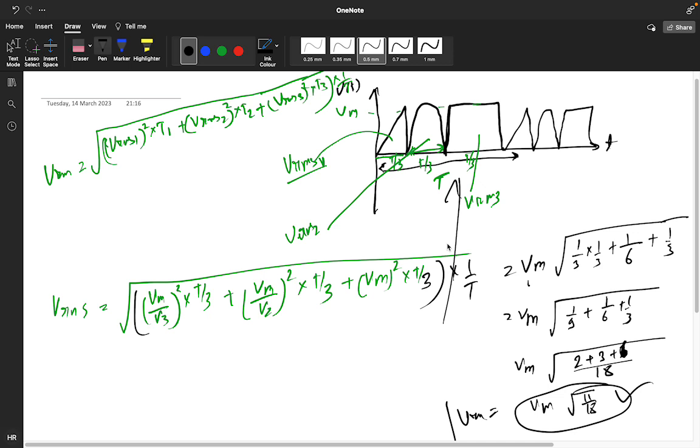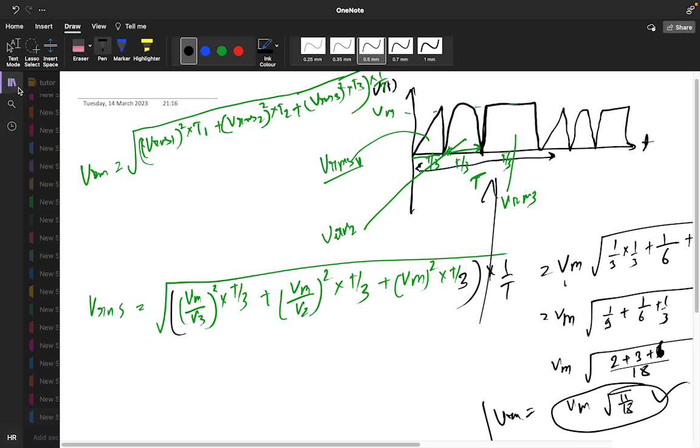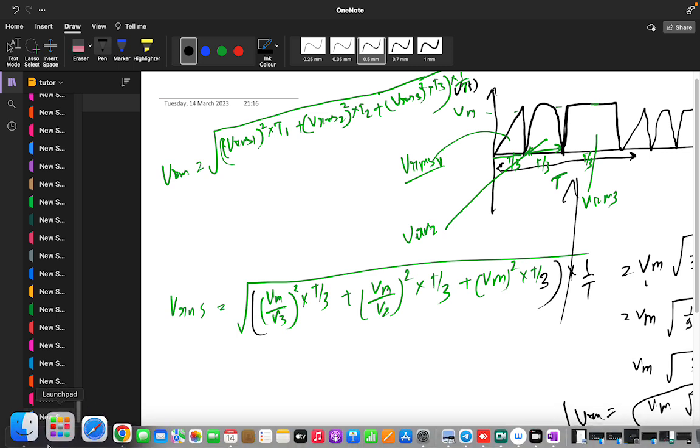There are two or three things I will just tell you, then we'll move to the theorem chapter. Before the theorem, we'll discuss the questions.